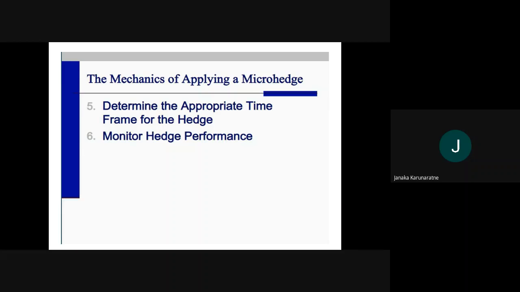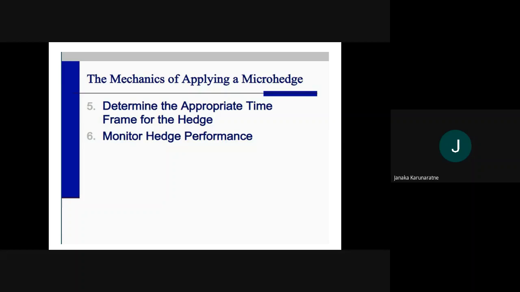Even though this is not meant for speculation, if there is a beneficial interest rate increase, sometimes you can exit at that time because you can make a profit from the deal and still cover your position. So you do not have to wait till maturity or the expiration date.